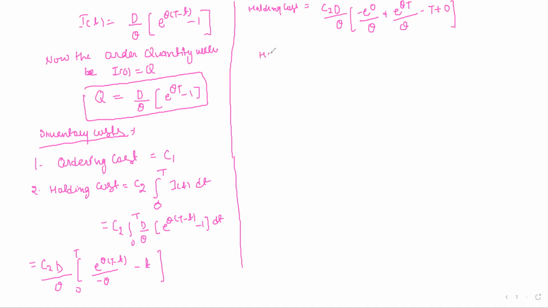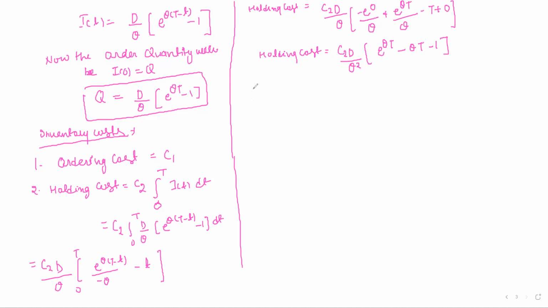So the holding cost becomes C2 d upon theta square, taking theta as common, into e to the power theta t minus theta t minus 1. So this is the holding cost.